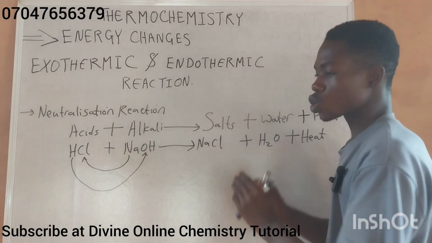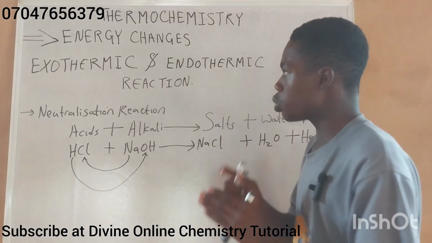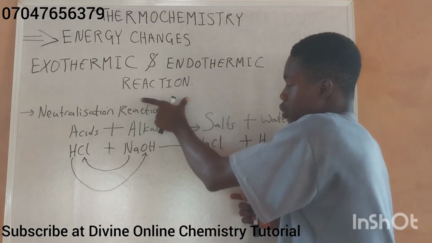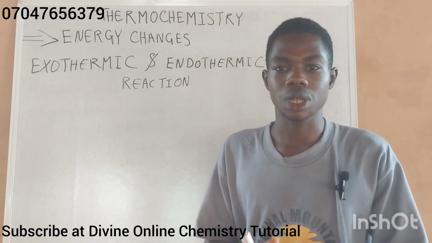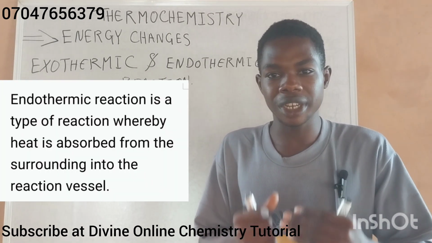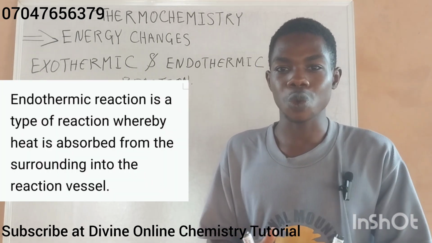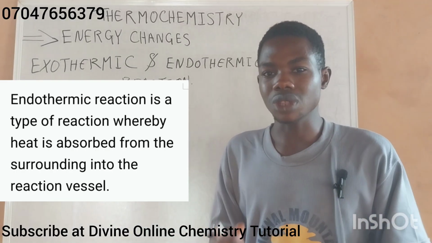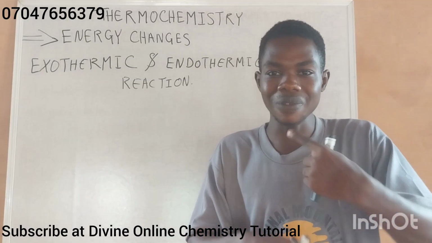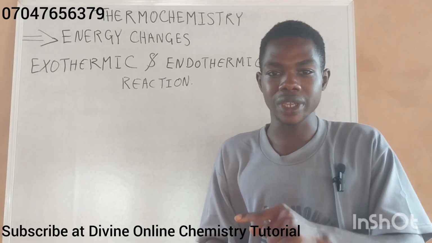So from here, we'll be moving straight towards the next reaction, which happens to be endothermic reaction. Now, what is endothermic reaction? Please take note that endothermic reaction is a type of reaction whereby heat is absorbed from the surrounding into the reacting vessel. So it's like the inverse of exothermic reaction.